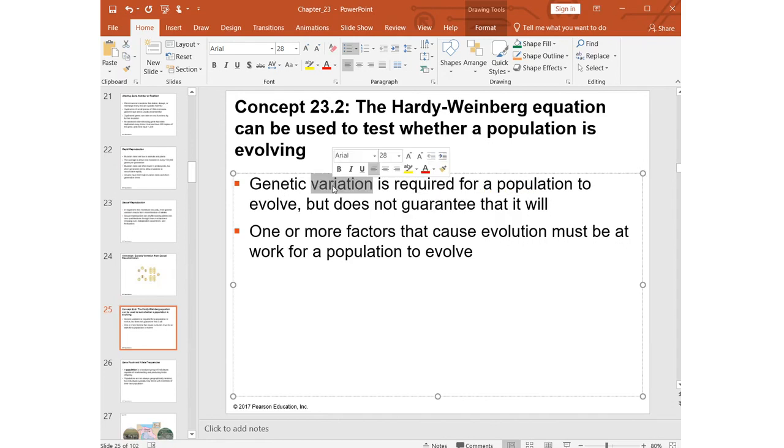Just the fact that there's genetic variation does not guarantee that evolution will happen. So there are other factors that cause evolution that have to be at work for a population to evolve. And let's look at that.